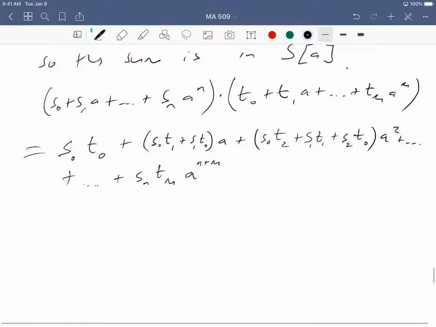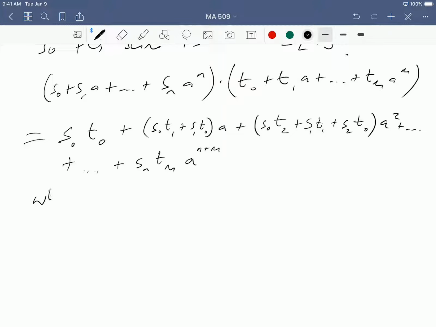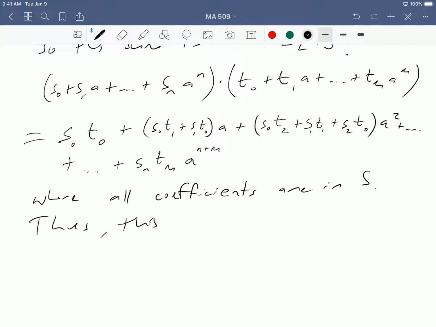The important part here is that all those coefficients are sums and products of elements from S, right? All the S's and all the T's were in S, and so any sum or product of those things is going to be in S. Okay, so thus this product is in S adjoin A. And that's the end of our proof.